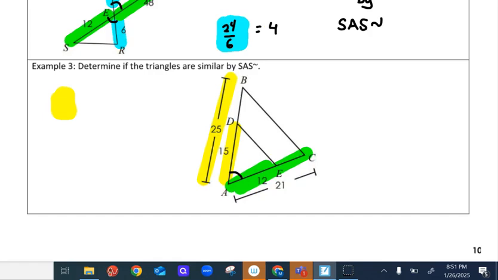Let's find the scale factor of both. Okay, so 15 to 25, or we'll go the other way again, 25 over 15, let's see what that is. And then let's see what 21 over 12 is. If we reduce this one, it's 5/3. If we reduce this one, it's 7/4, so not similar.